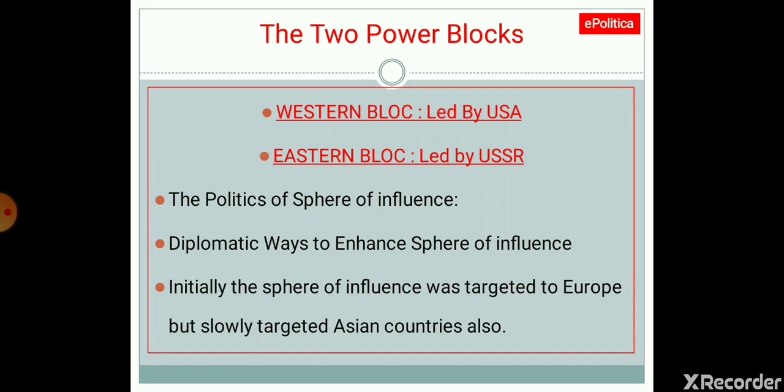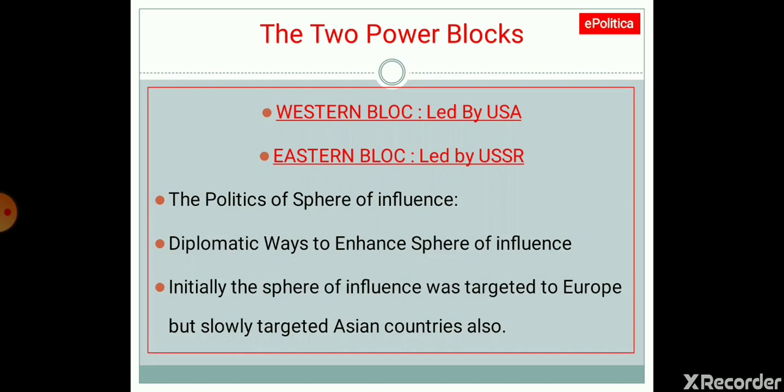Through that policy, he wanted to control the European countries who were previously under the control of the Soviet Union. So to revive their economy, in the name of reconstructing the economy of those countries, he advised to enhance the American control. So these kinds of diplomatic policies were being adopted by the leaders of both the power blocs so that the sphere of influence can be enhanced.